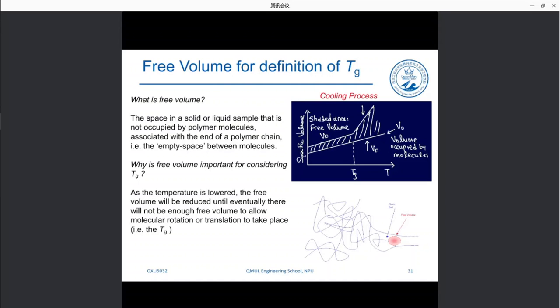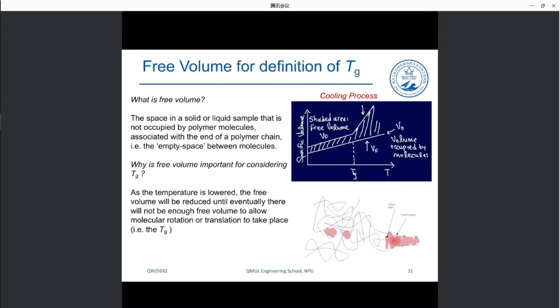So it is associated with the end of the polymer chain, because obviously at the end of the polymer chain we will have more free volume. You can see here that there is more free volume here than there is here or here. So the free volume is associated with the end of the chain of a polymer, the end of macromolecular chains.